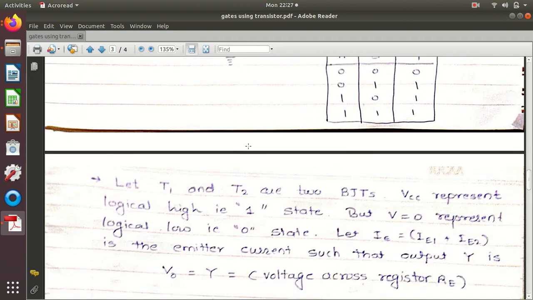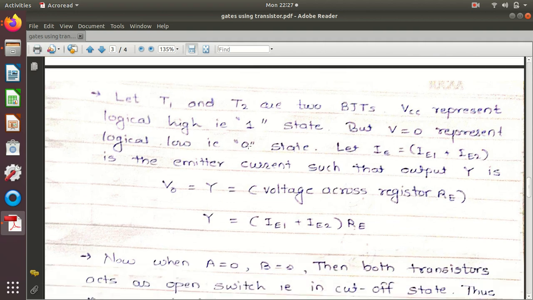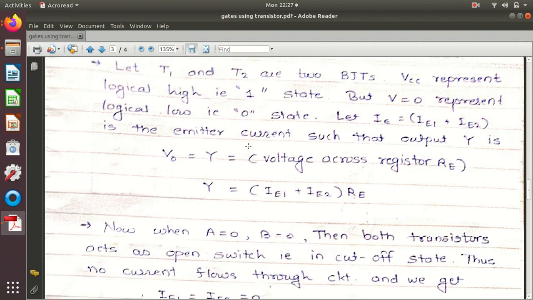Now let us see how the transistor combination will work to give the results of the OR gate. Our output is the voltage across resistor RE, that is, Y equals the combination of the current flowing through emitter E1 and emitter E2.